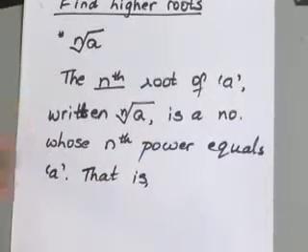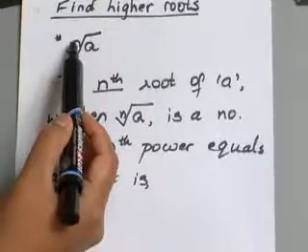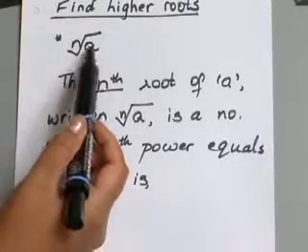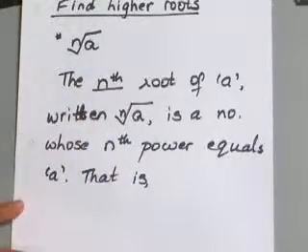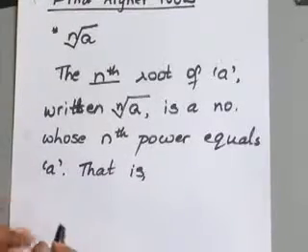Okay, so basically the nth root of a number is a number whose nth power will equal a. So in this case, if this was, let's say, a cube root of some number, then you would have to see what number cubed would give you the radical. And we'll go ahead and take a look at examples.